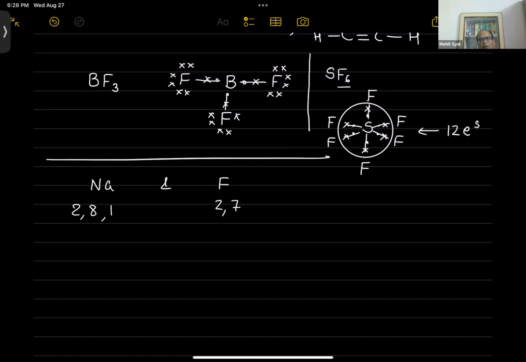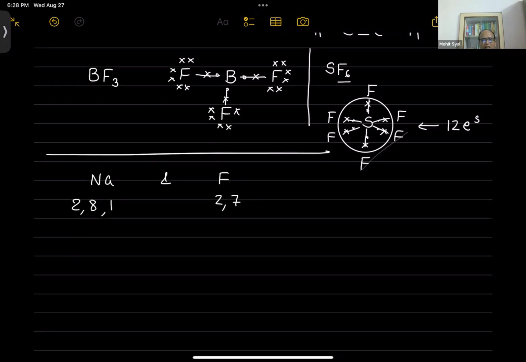Both need to share one of their electrons. But the octet of F is completed, while the sodium's octet is not. It will have just 2 electrons. Are you getting my point or not?